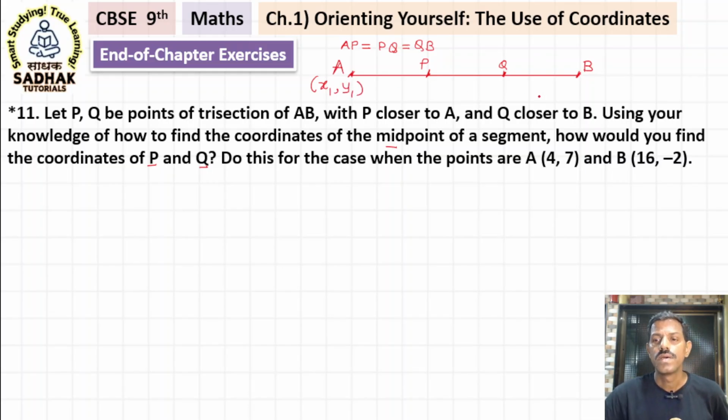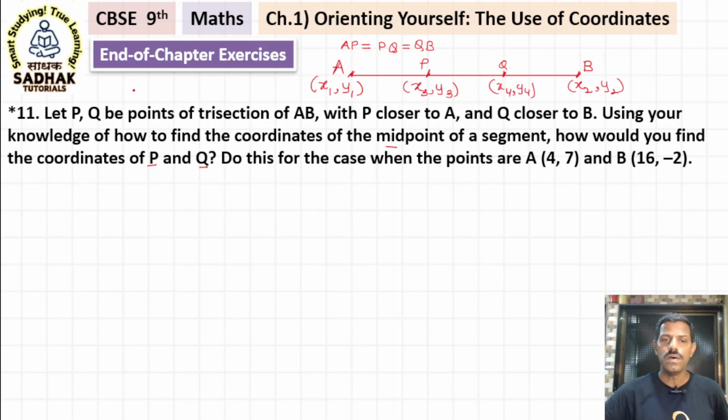The coordinates of B, let it be x2, y2. Similarly, let the coordinates of P be x3, y3, and the coordinates of Q be x4, y4.